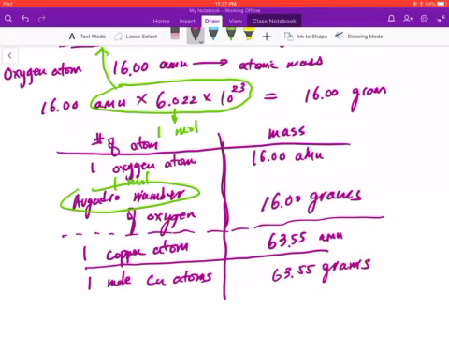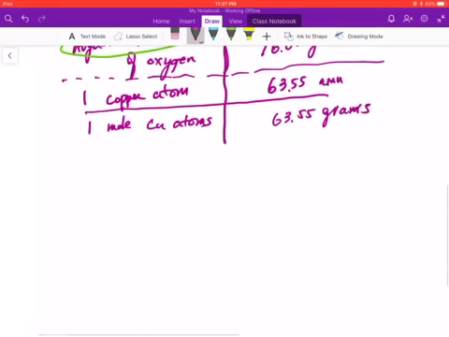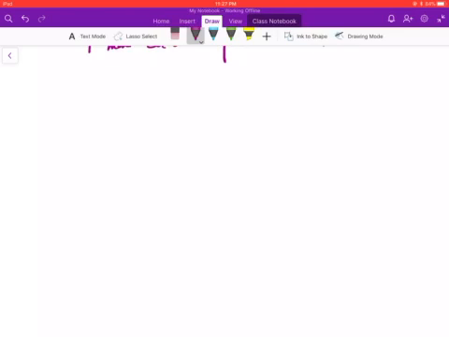So lastly, let's say you have anything, and let's just say its atomic mass is this number, this cherry-looking number.